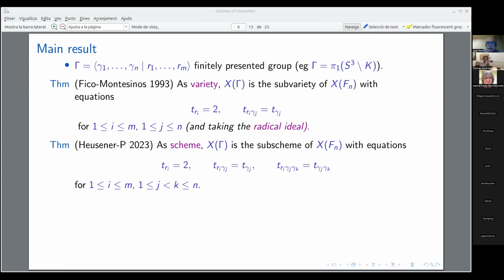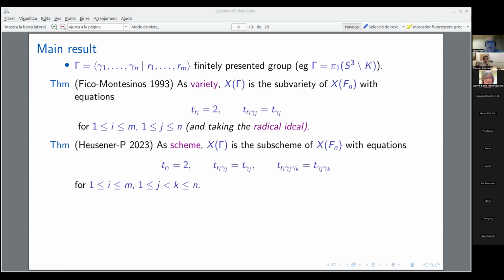I just look at the variety. So multiple points, I forget them. So starting from a presentation, how do I compute this variety as a subvariety of this one, which is given by Magnus?